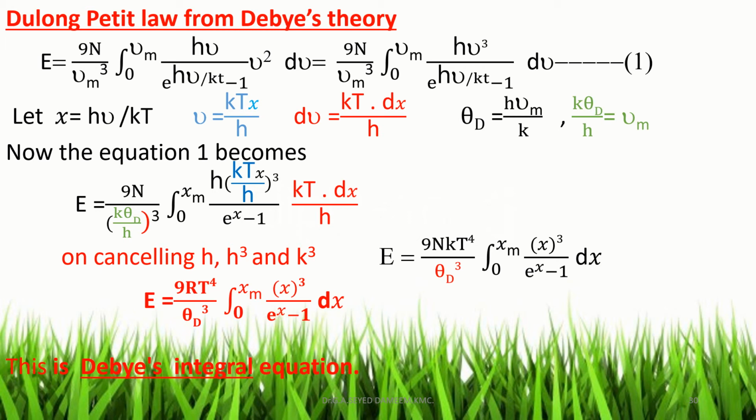On cancelling h and k cube, we get the equation E is equal to 9NkT power 4 divided by θD cube integral 0 to xm x cube divided by e^x minus 1 dx. So that is E is equal to 9RT power 4 divided by θD cube integral 0 to xm x cube divided by e^x minus 1 dx, because Nk is equal to R. Now this is Debye's integral equation, that is the energy integral equation.